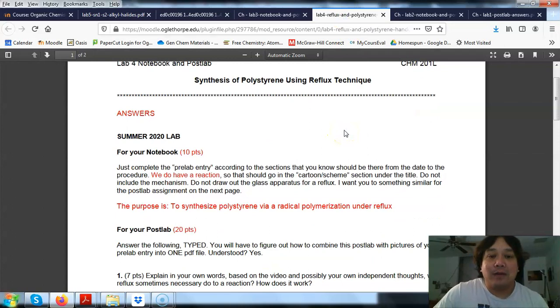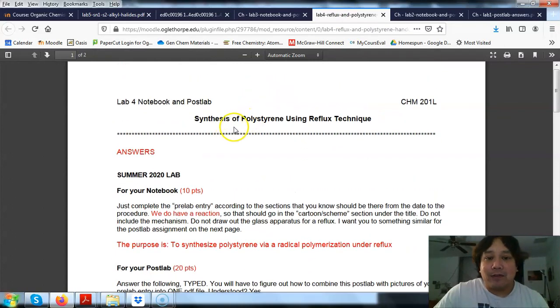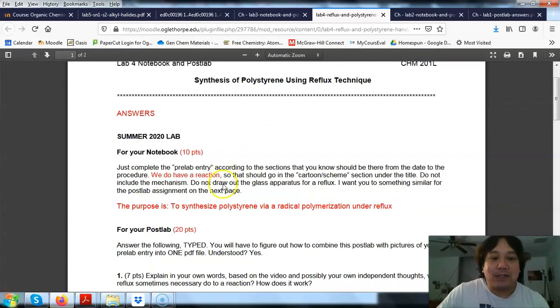This one, the purpose for this synthesis of polystyrene was very easy. Again, it's not to study radical reactions. It's not to be safe while doing a reflux technique. The purpose for this lab, I would say, is literally to synthesize polystyrene via a radical polymerization under reflux.